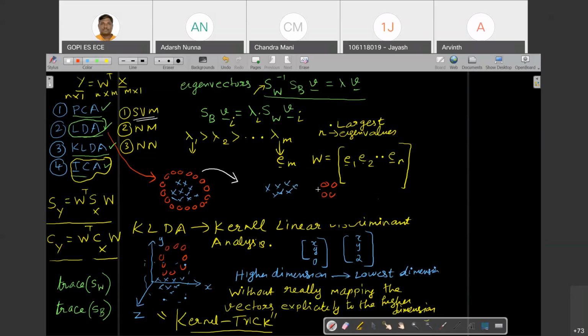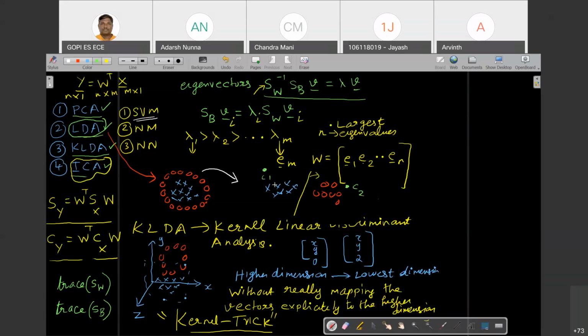Then this will help me find the class if a new vector comes into the picture. If it is in this direction, I can say it is class 1, and if it is in this direction, it is class 2. So we need to find this line that separates these two.